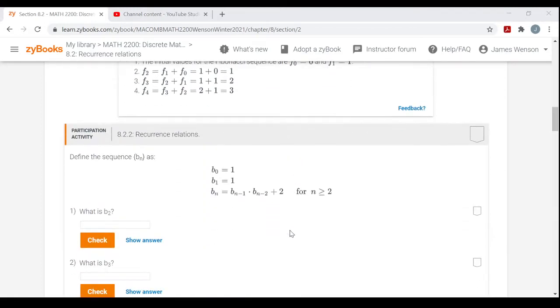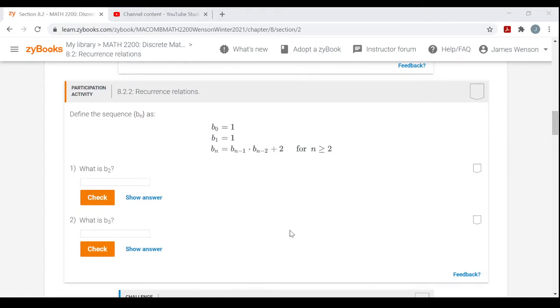All right, so let's take a look at this, and I'll write out the first several terms of this sequence defined recursively. Again, it's recursive because you're given some initial term or terms, and then you have a rule where one term depends on previous terms, right? I can't just find the 100th term right away.